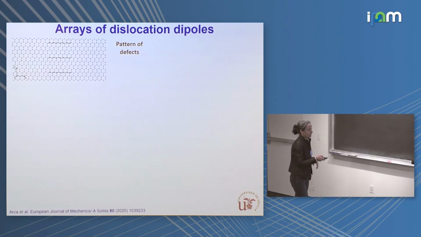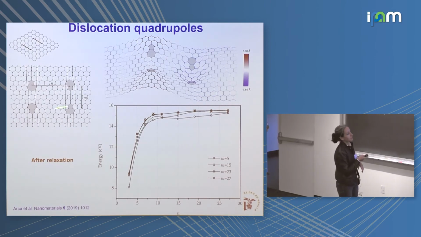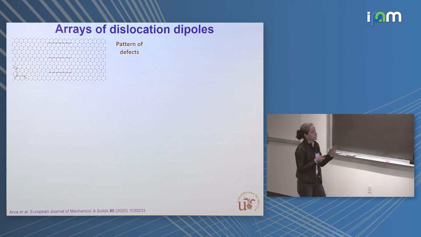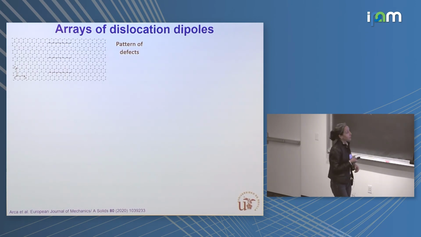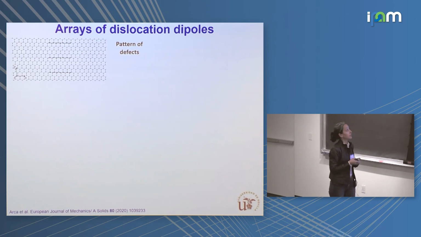Those are the numbers that you need to identify when they are isolated and when they are not. Those are the numbers that this procedure is providing.